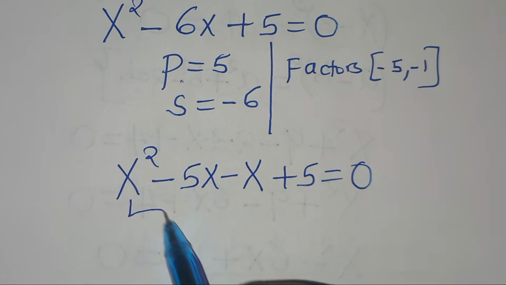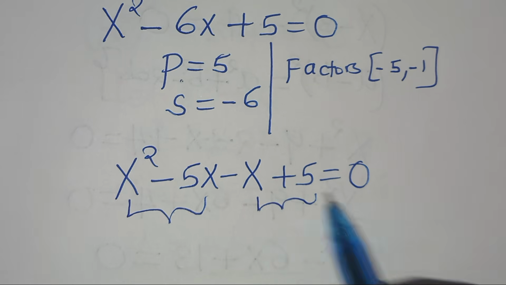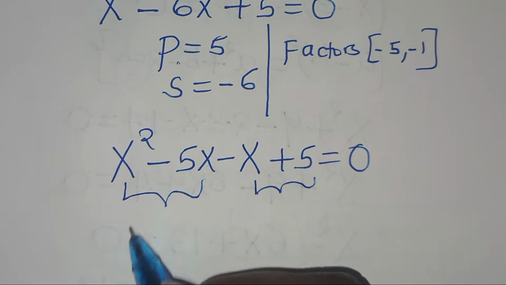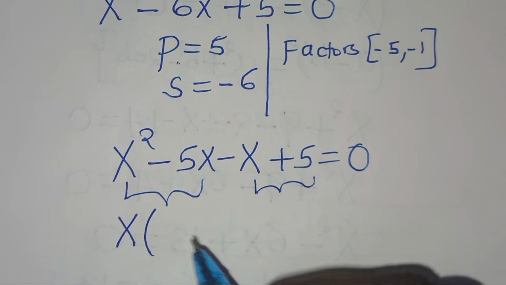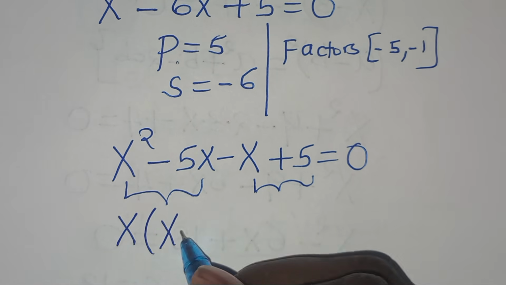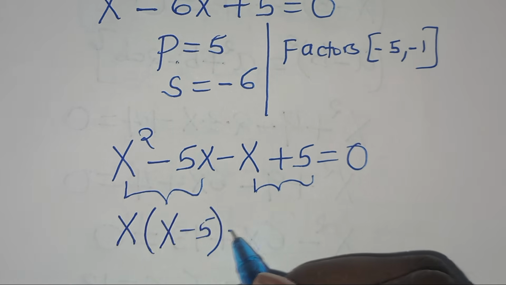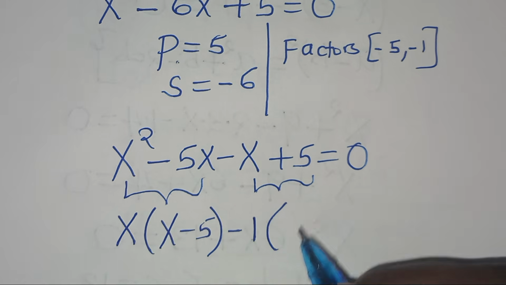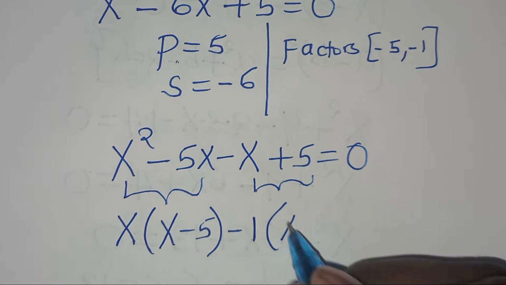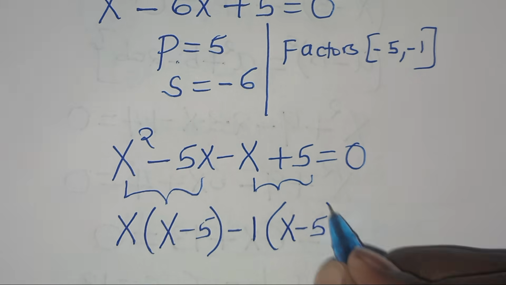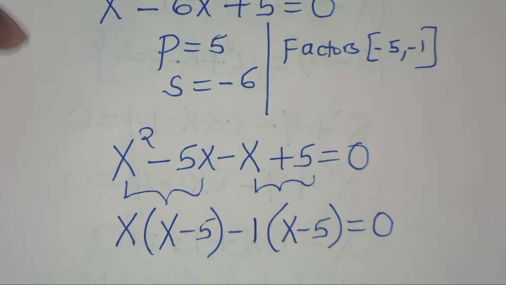Now we have got two parts here. From the first part here, x is common, so we factor out x so that we have x minus 5. Subtract 1. 1 is common in the second part here, so that we have x minus 5. This is equal to 0.